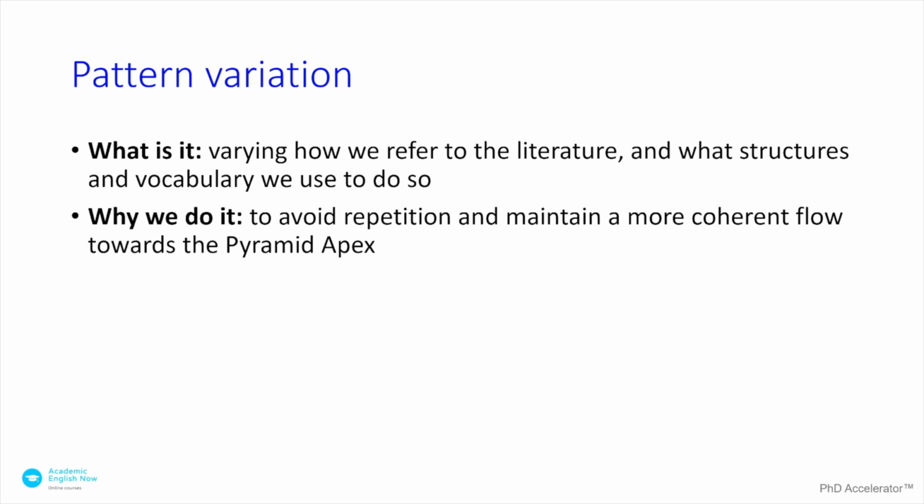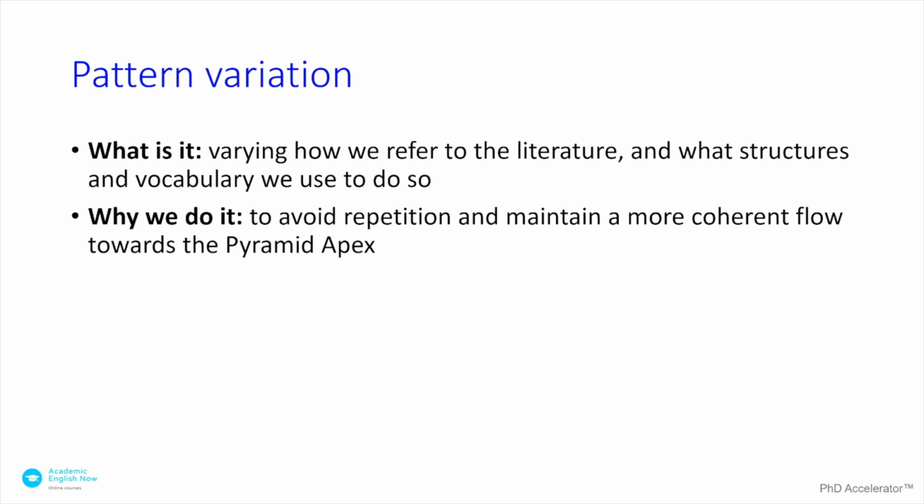So once again, why do we do it? Why pattern variation? Well, we do it to, first of all, avoid repetition. So imagine a situation in which the writer basically starts every single sentence with the name of the author. So they say, "You shows that," and then they say, "Gonzalez concludes that," and then they say, "Kiczkowiak demonstrates that."